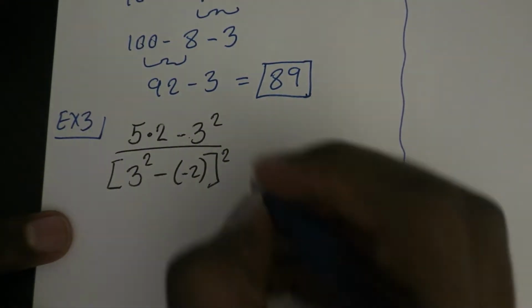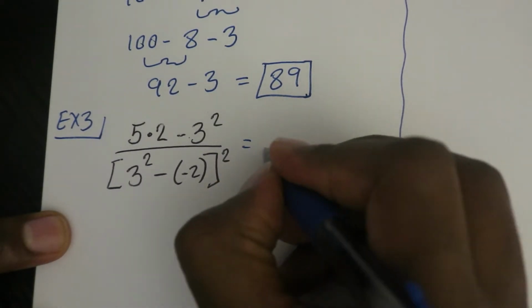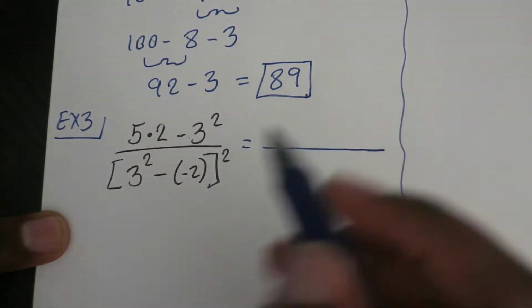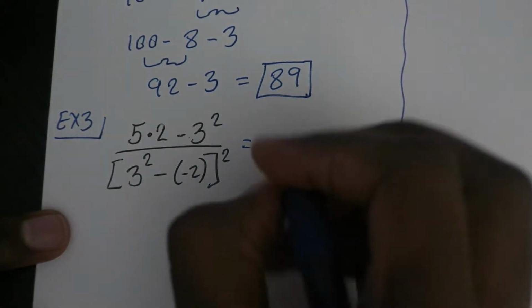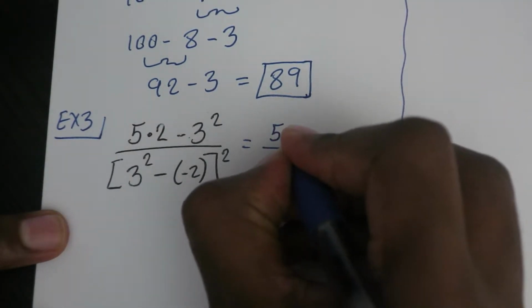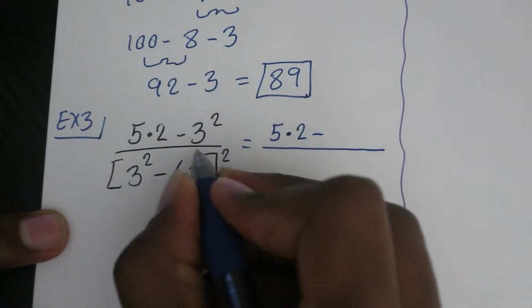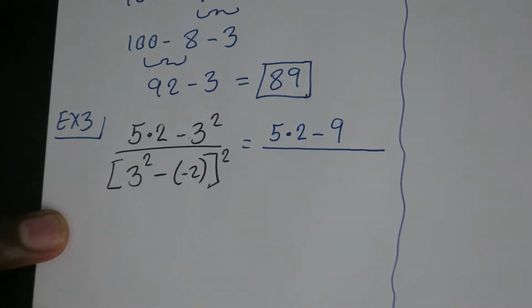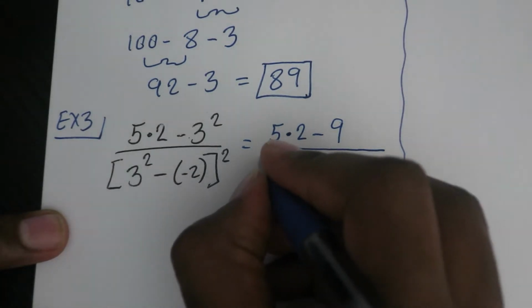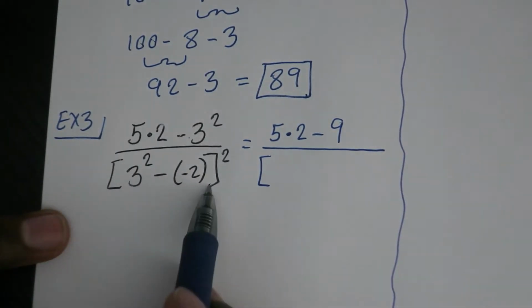So for this problem, I'll look at the top first. At the top I have multiplication, subtraction, and exponent, and of course exponent comes first. So 5 times 2 minus 3 squared turns into a 9. And then at the bottom I have a bracket.